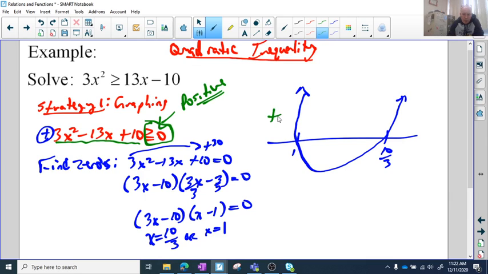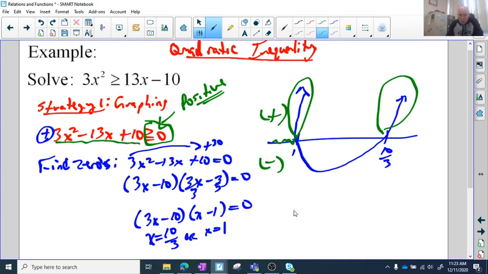Well, it's positive if it's above, it's negative if it's below. So it's above here and here. So any x value you pick over here, you're going to get positive values on the quadratic, or any x value you pick over here. If you pick something in here, you hit the graph down here, which are negatives. That's not what I want. I want it to be bigger than or equal to 0.